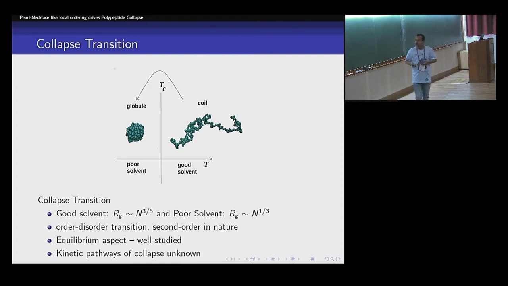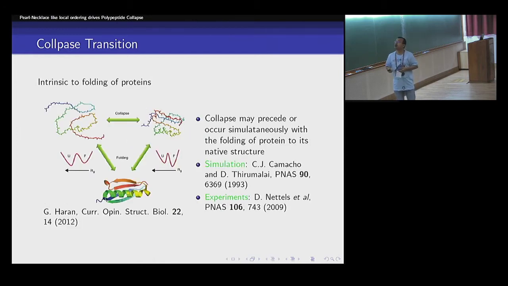My talk is based on this understanding of the pathway, of how an extended polymer collapses to a globular-like structure. Just as a motivation, why we are interested in studying collapse transitions is because the collapse transition is, not always, but sometimes, an intrinsic part of protein folding.